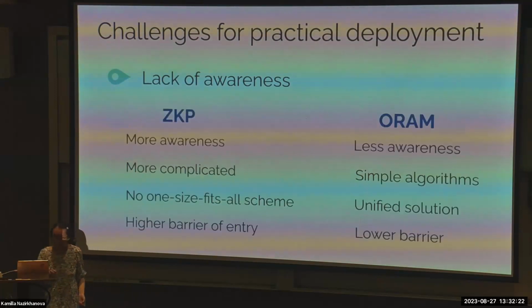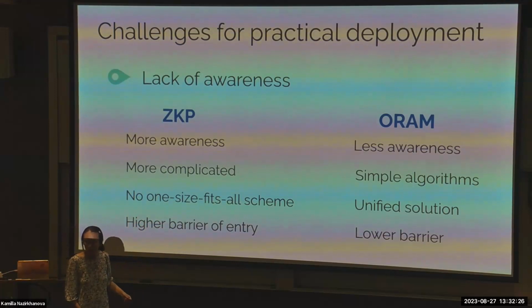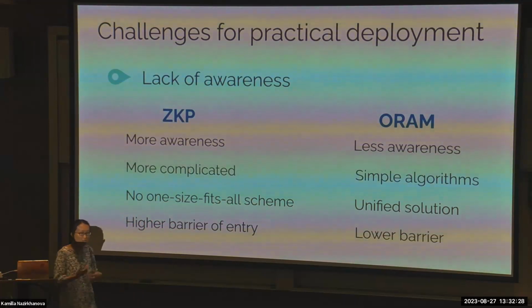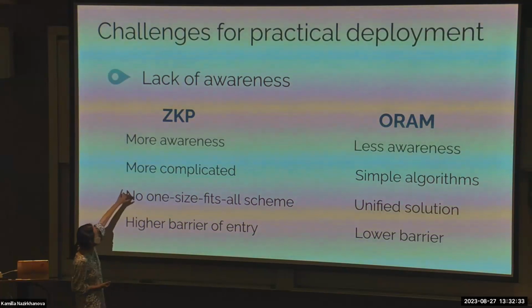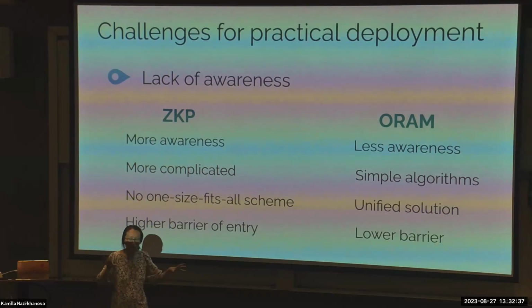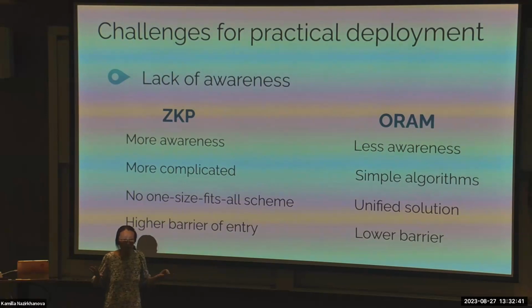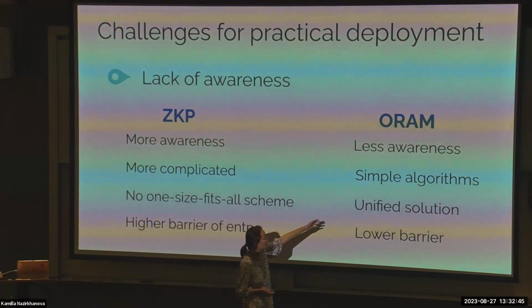And it's actually quite interesting to compare zero-knowledge proof and ORAM, because there's more excitement in the community about zero-knowledge proof. But with zero-knowledge proof, there are many different schemes, but there's no one size fits all solution. So the space is very complicated. But in comparison, ORAM is a different landscape.